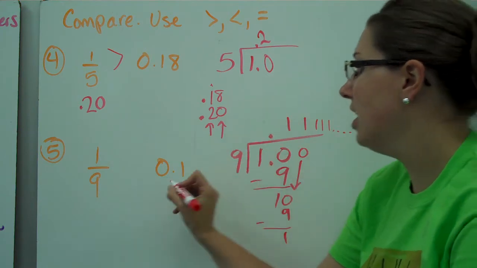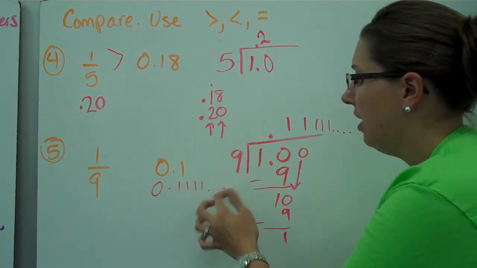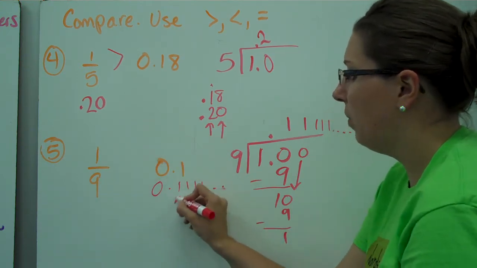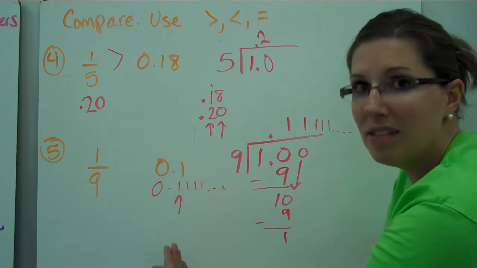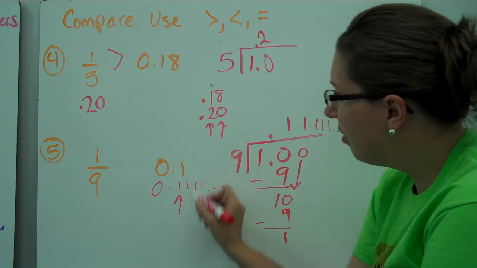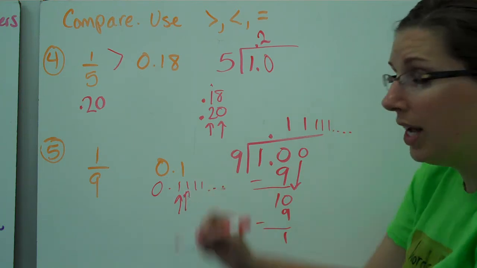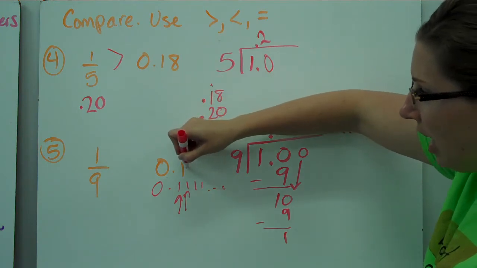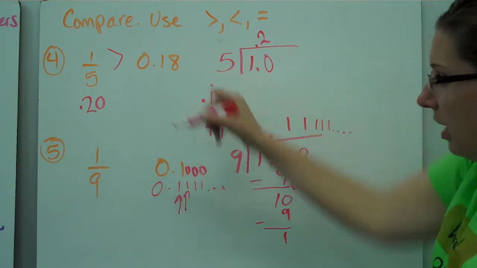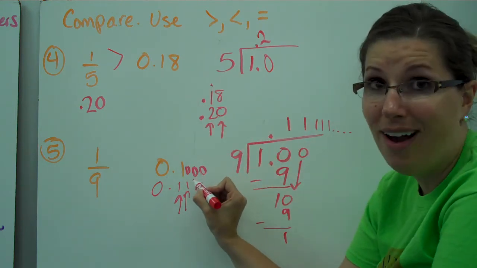So just like I did over here, I can stack the numbers, dot, dot, dot, and see, lining up in my tenths place, I've got the same digit, a 1. But in the next place value, the hundredths place, I would actually have zeros here as placeholders. Well, in my hundredths place, a 1 is greater than 0.